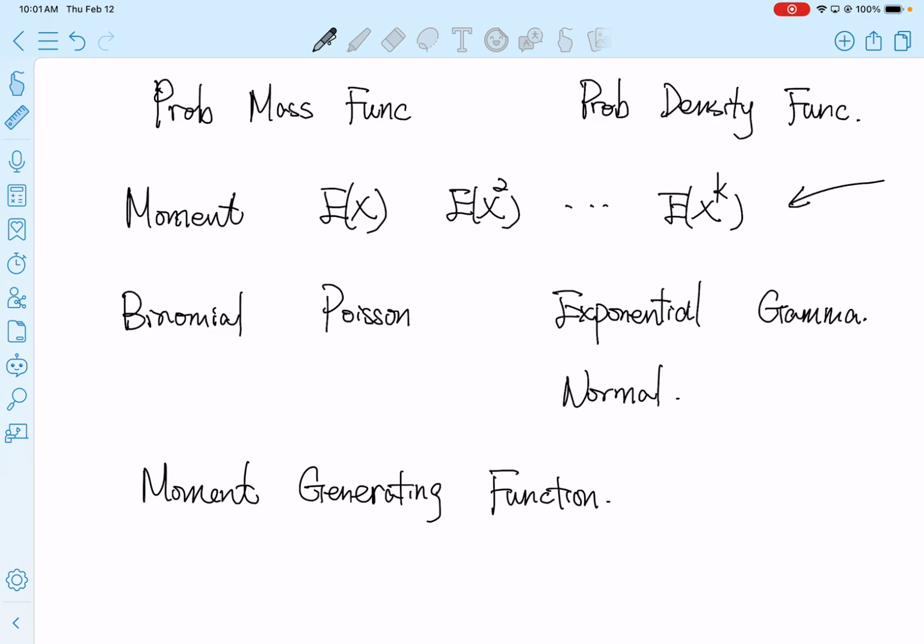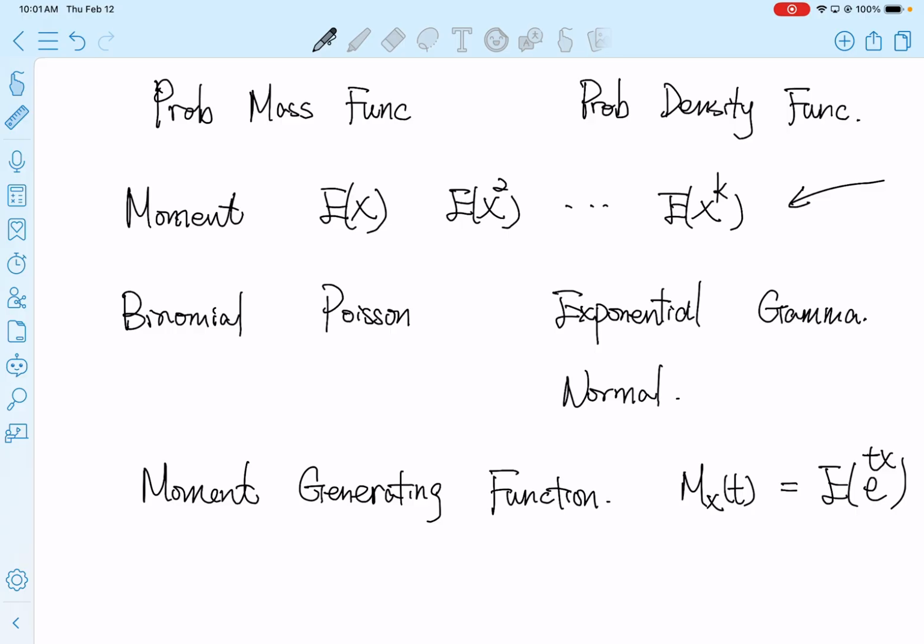Okay, and yeah, so there are of course hundreds of different distributions, but for all of them, if you want to calculate their moments, or get their moment generating functions, you can just use the definition. So the moment generating function is defined as M of x, which is a function of t, and is defined as the expectation of e raised to the power of xt.